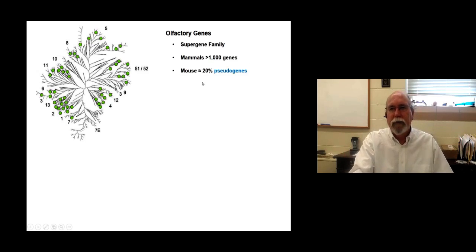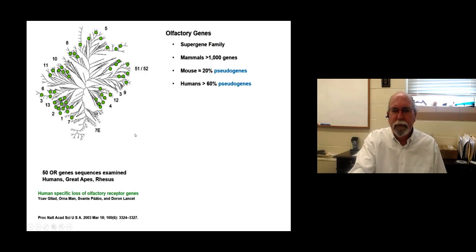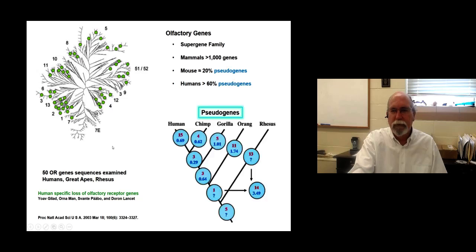What's interesting about it, okay, is that if you go to humans, you end up with somewhere around 60% of it. Okay, so just think what's going on there. And there's been some studies looking at humans and their close relatives, the great apes and things. And what we see is that as you move up the evolutionary line, these red numbers represent the pseudogenes that were turned off.